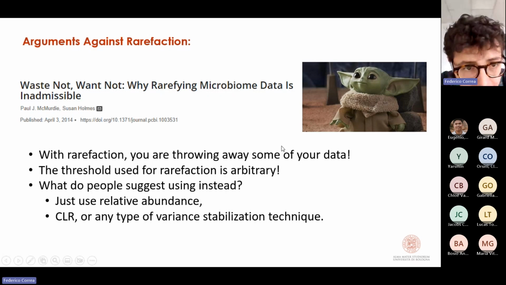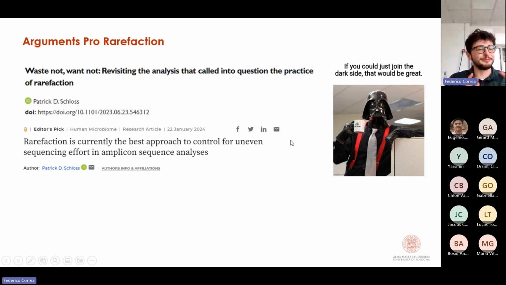Okay. The other side, the dark side of the research field, is people who do rarefaction. This year, another paper came out remaking all the analyses that were performed by the previous famous paper.